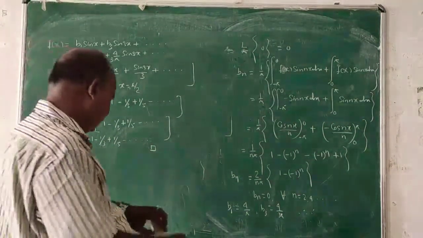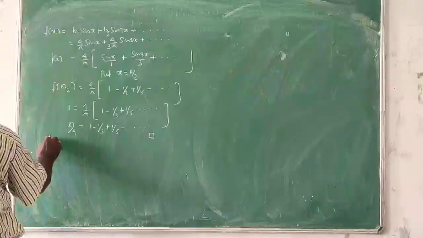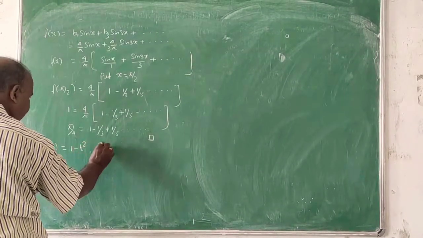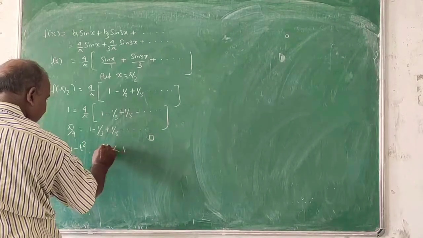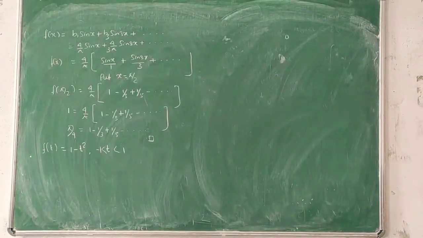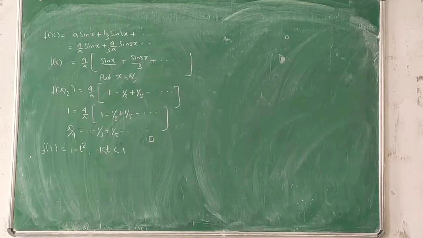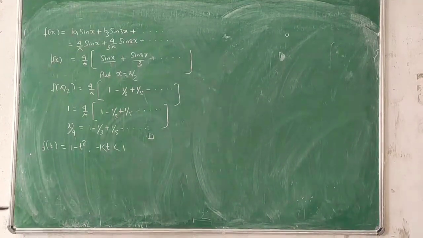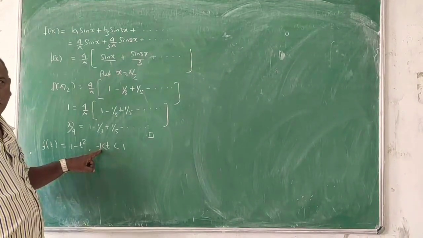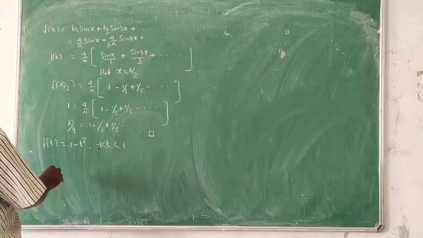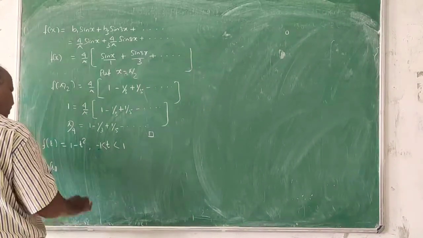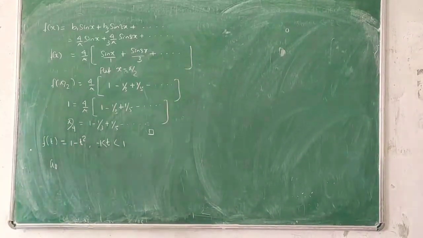So take another problem for this. Let f of t be 1 minus t square whenever t lies in minus 1 to 1. I am interested to deduce the Fourier series for this. This is coming under the range minus c to plus c. This is an even function, no doubt.